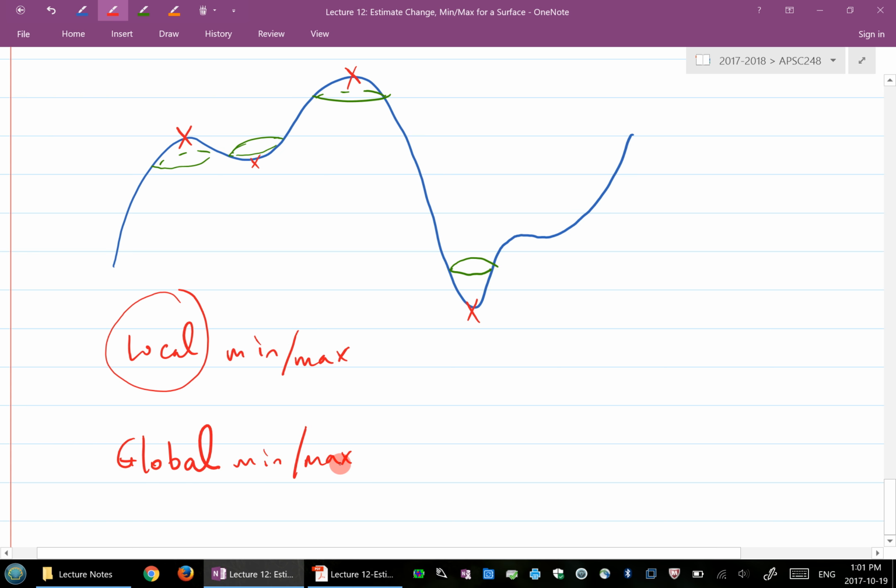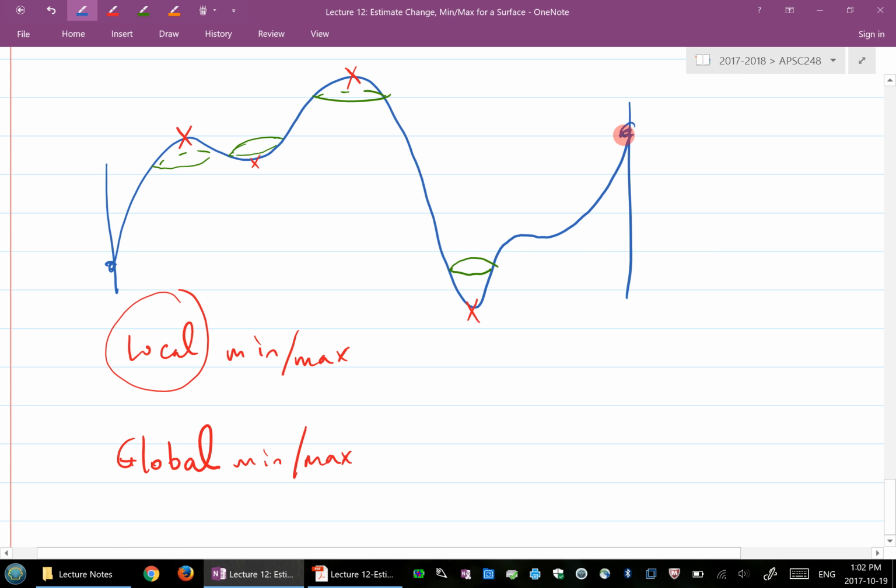And more to this kind of question is, you're typically probably not going to look at the whole universe or the whole Earth. You're probably only going to look at a portion of a surface, right? If you only look at a portion, then the boundary values could be a min or max.